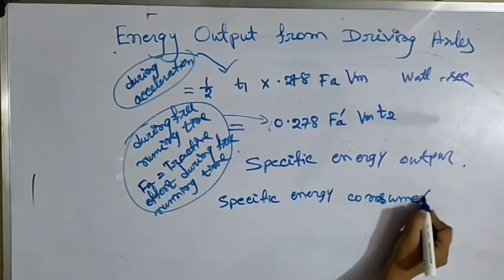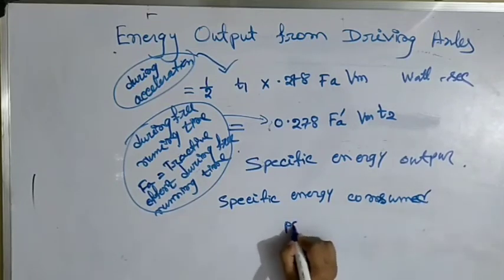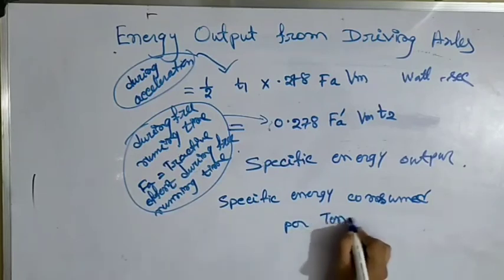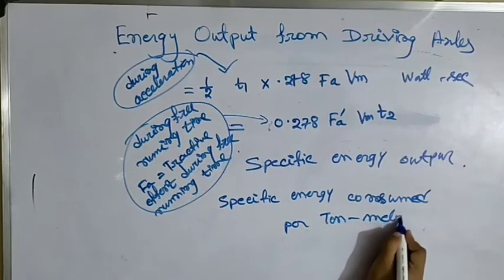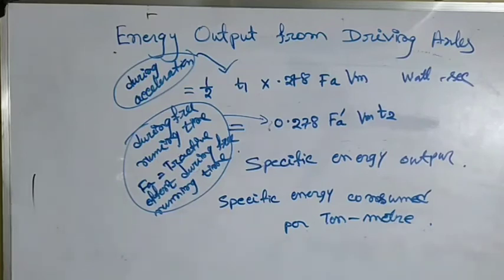Assuming trapezoidal speed time curve, the specific energy output can be obtained as follows.